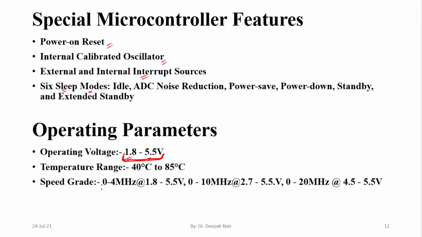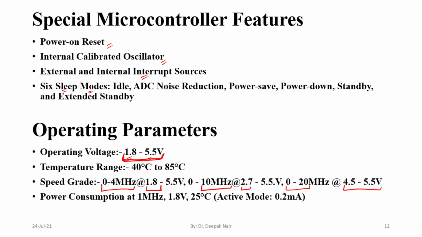So remember, we can achieve up to 4 megahertz by using a 1.8 volt supply. We can achieve 10 megahertz using a voltage of 2.7 volt, and we can achieve 20 megahertz speed, maximum speed, when we apply voltage between 4.5 and 5.5 volt.